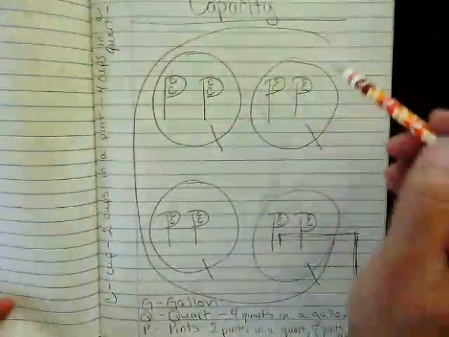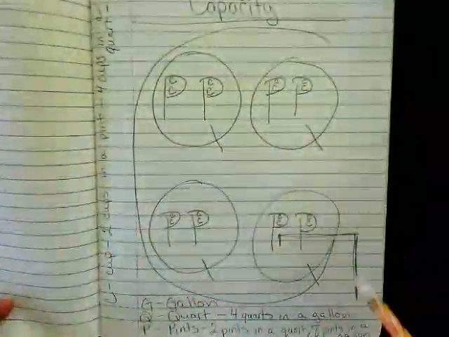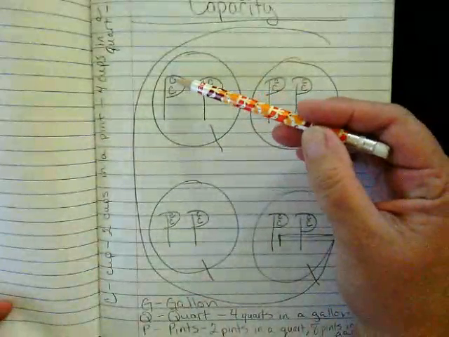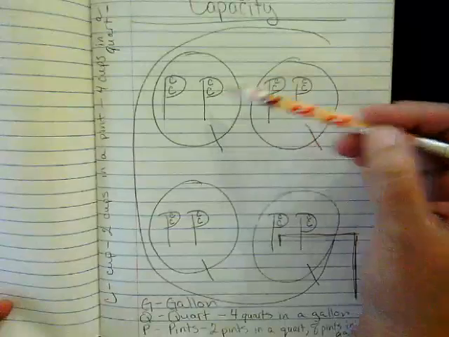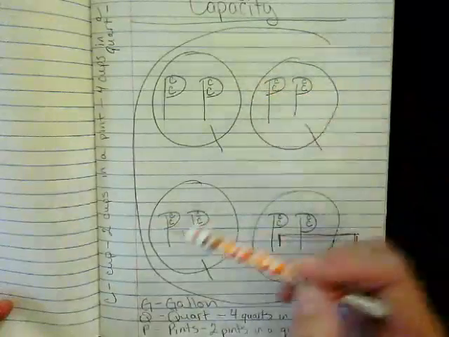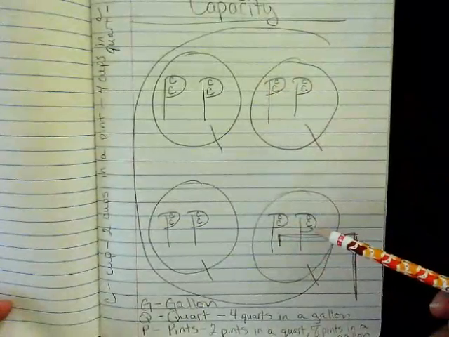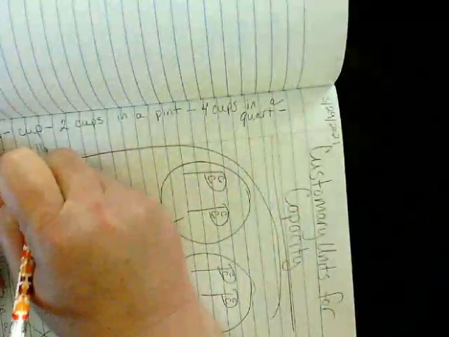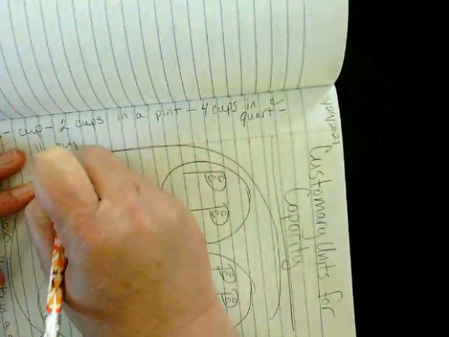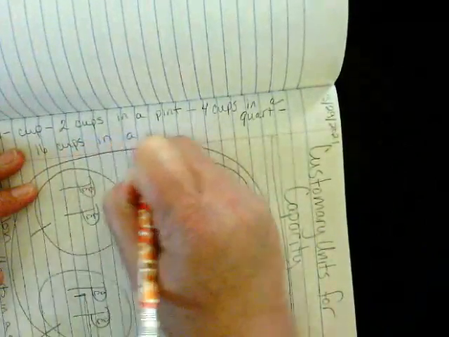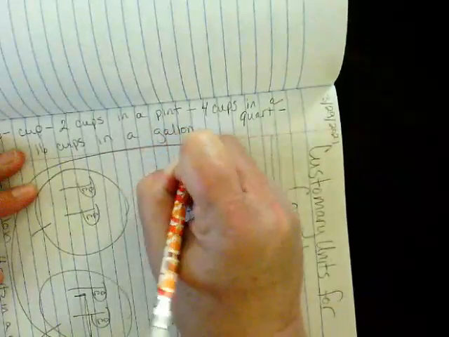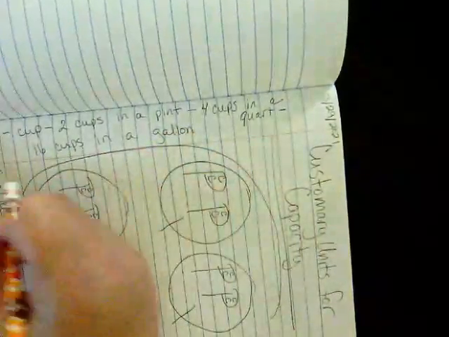Well, let's count them up. Remember our land of G, that's everything over here. So how many cups? 1, 2, 3, 4, 5, 6, 7, 8, 9, 10, 11, 12, 13, 14, 15, 16 cups in a gallon. There are 16 cups in a gallon.